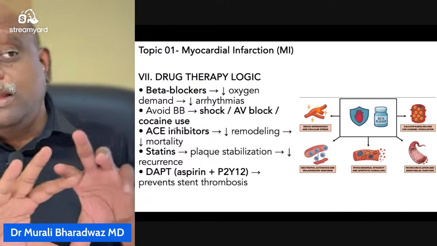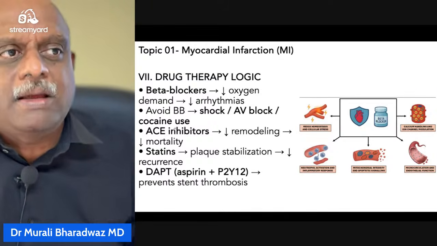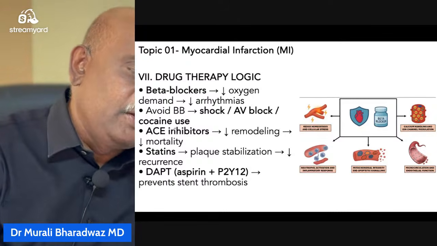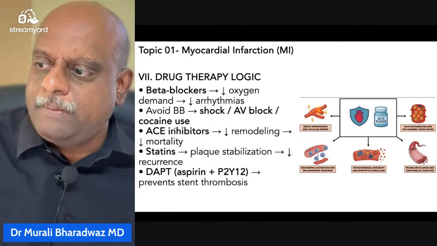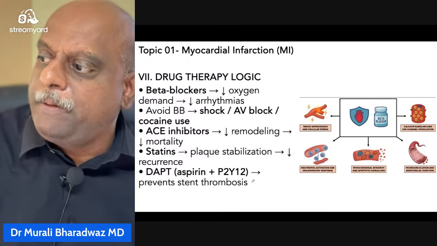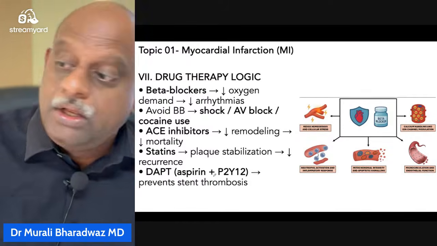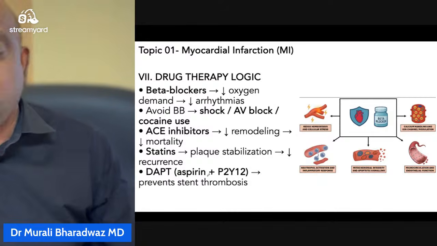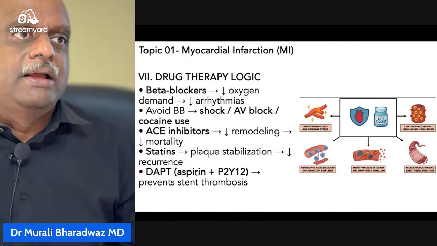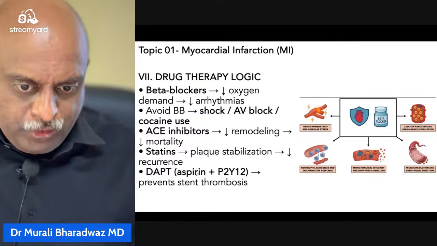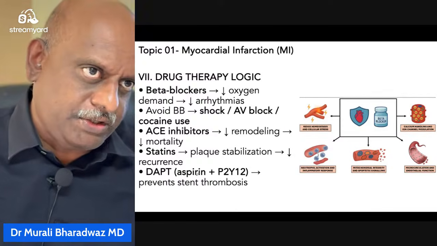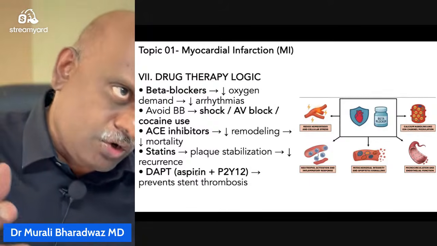Then we give double antiplatelet therapy. What is double antiplatelet? Aspirin and clopidogrel. Clopidogrel acts on the P2Y12 receptor. So aspirin plus P2Y12 inhibitor, double antiplatelet therapy, prevents stent thrombosis if you put in an angioplasty and stent, and it prevents future thrombus.